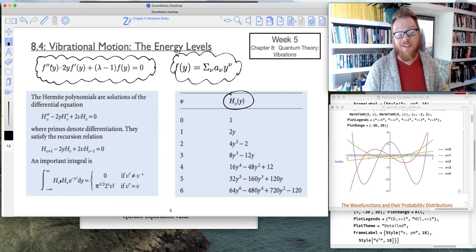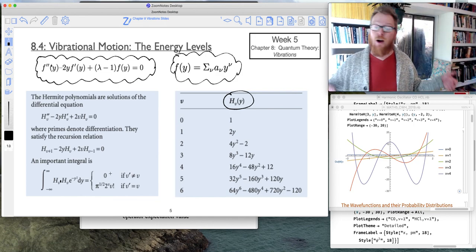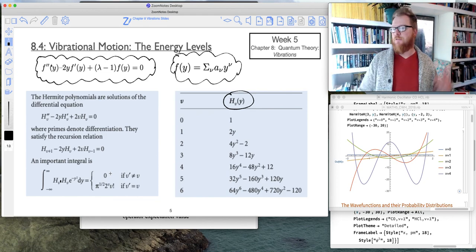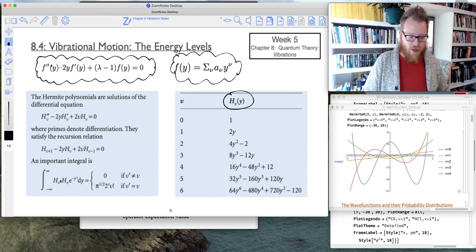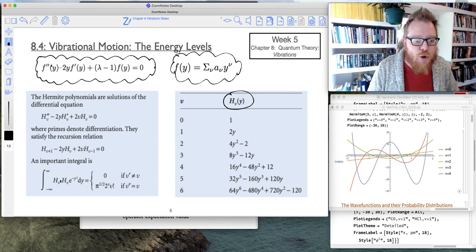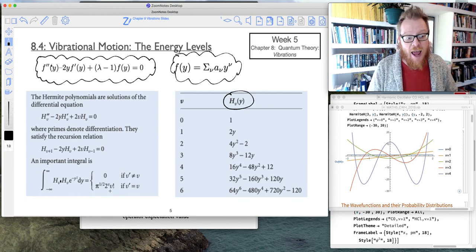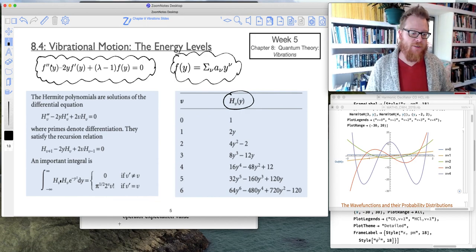If nu prime is not equal to nu, this equals 0. So in other words, the Hermite polynomials are orthogonal to each other. Fantastic. So that's one requirement of wave functions anyways, okay? But if nu prime equals nu, so if we're talking about the same state, we get a numeric answer, which is awesome. That's another thing that we need out of this, okay?